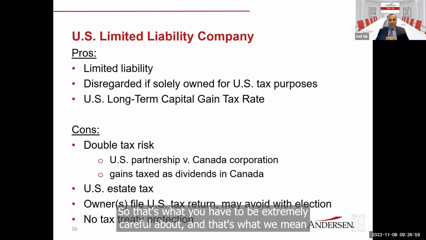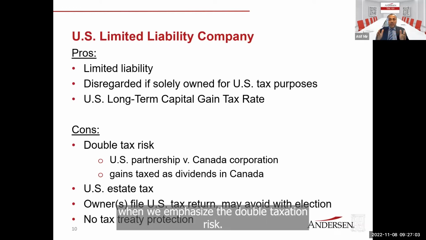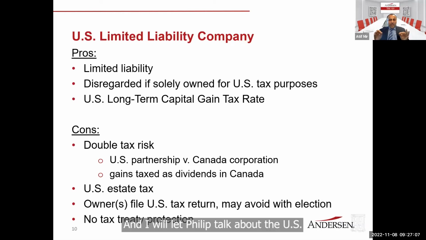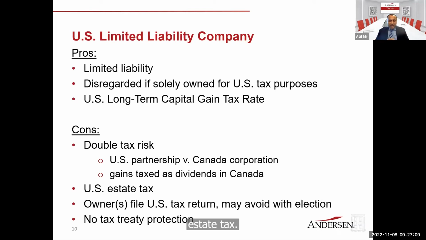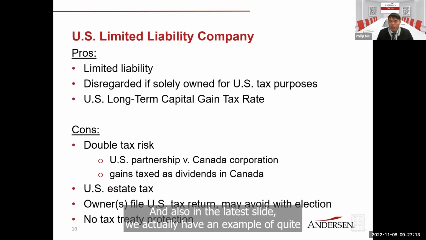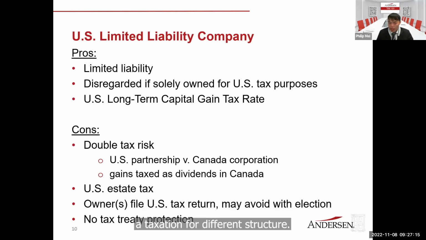So that's what you have to be extremely careful about, and that's what we mean when we emphasize the double taxation risk. I will let Philip talk about the US estate tax. Thank you, Atif. Also, in a later slide, we have an example of the taxation for different structures, so you can see how bad the tax result would be for an LLC.